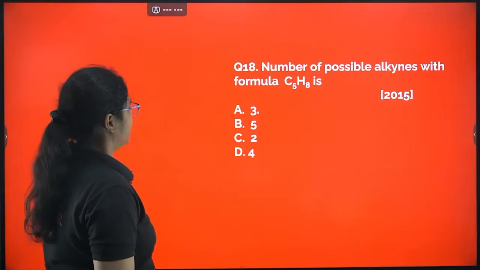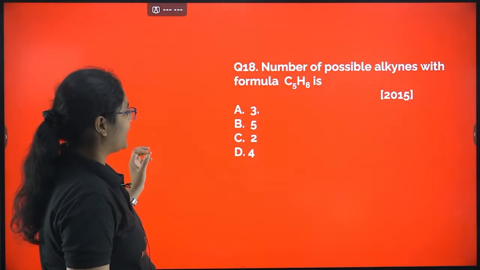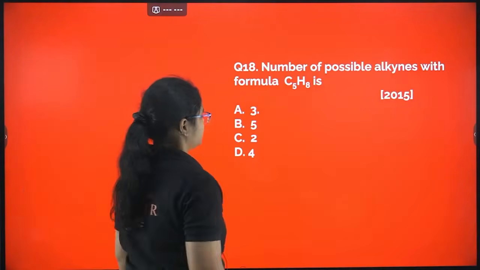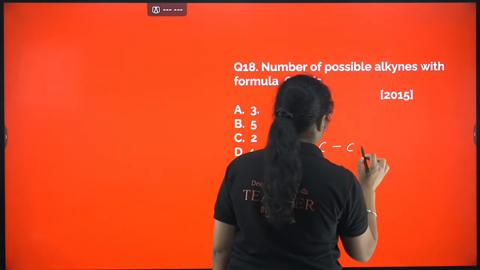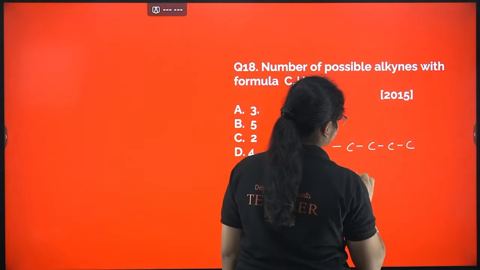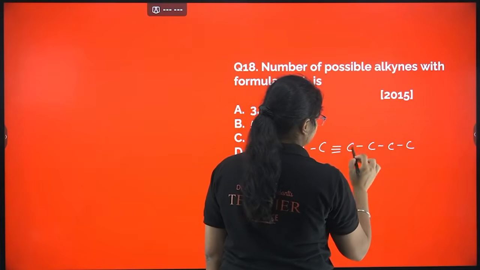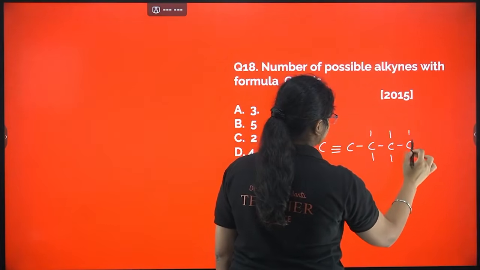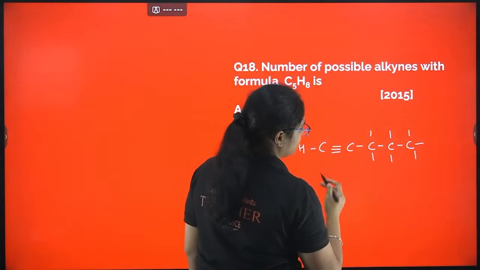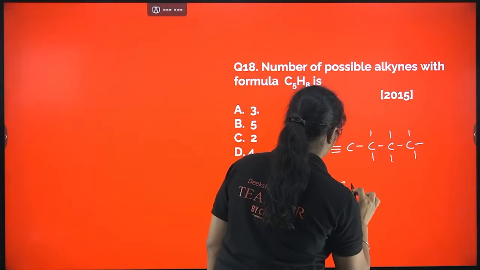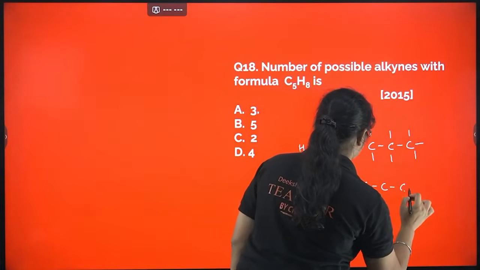Next, the number of possible alkynes with the formula C5H8. Let's draw this first. So I can put the triple bond here at the end, this is one possible alkyne. Then I can have it in the second carbon, right?